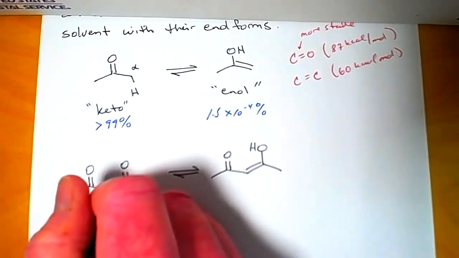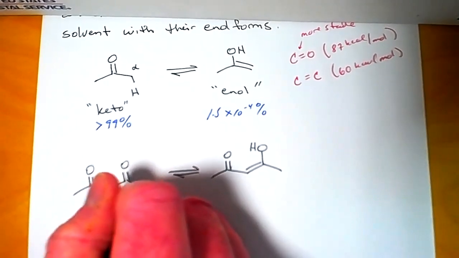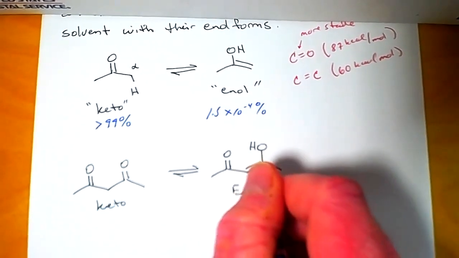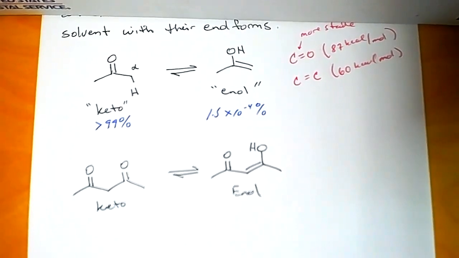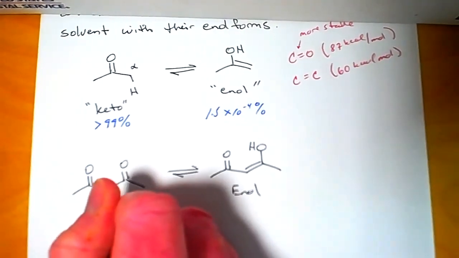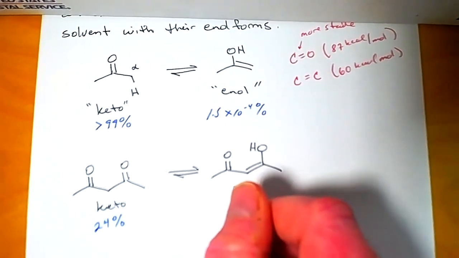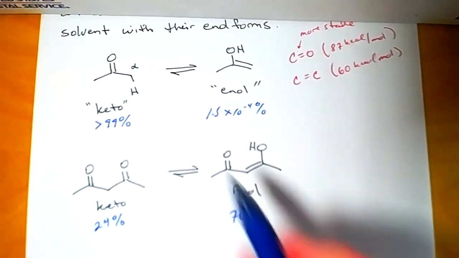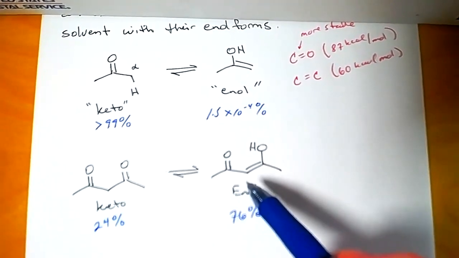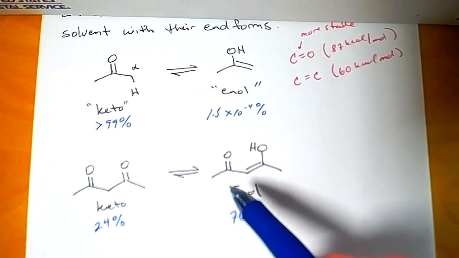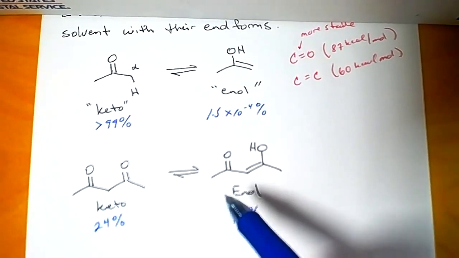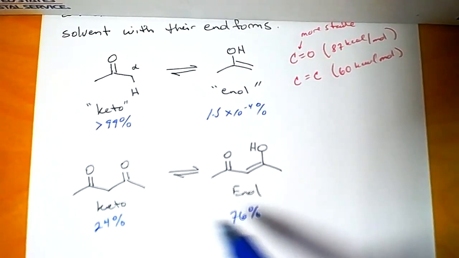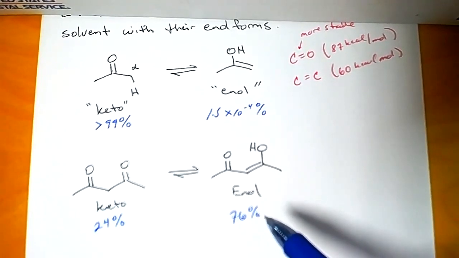And in this particular case, the keto form versus the enol form, the keto form is about 24% of that equilibrium versus 76. So this is a significant change in which is being favored here. And so now the enol form is actually being favored.